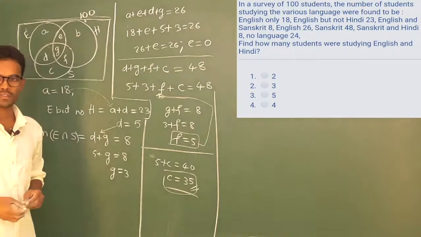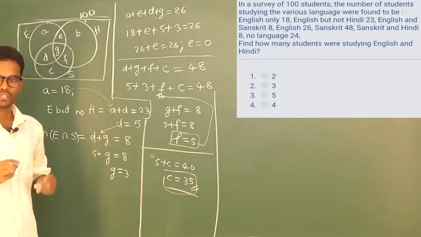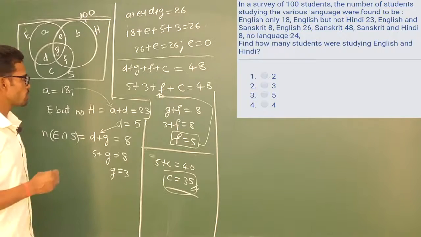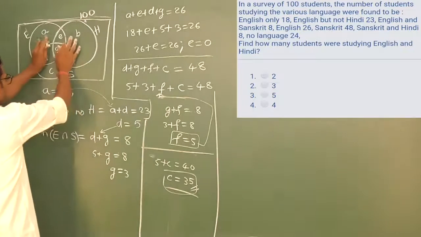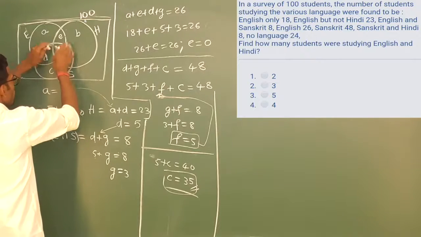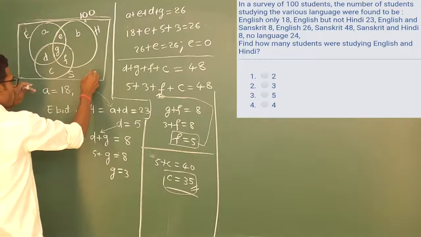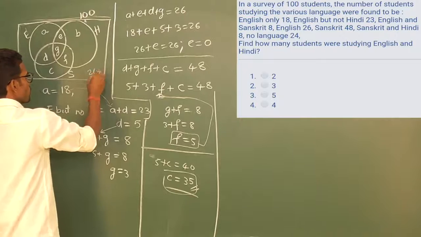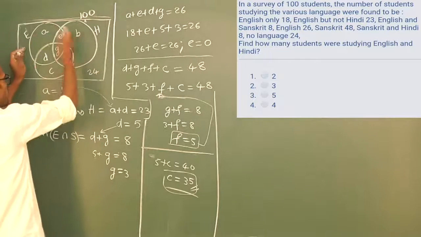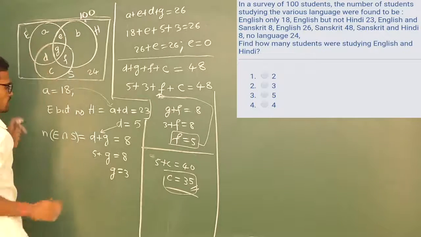And what they have given? No language 24. What do you mean by no language 24? That means nobody in this category is reading any language at all. How many are there? This is nothing but 24. That means total 100 minus 24 should be this, isn't it?